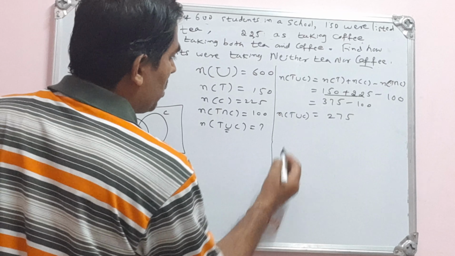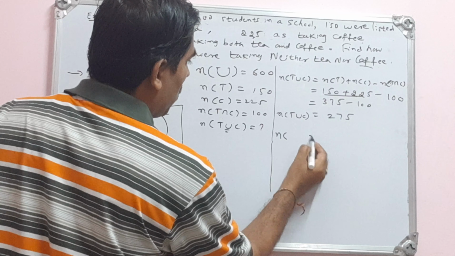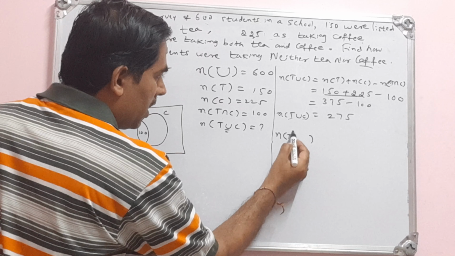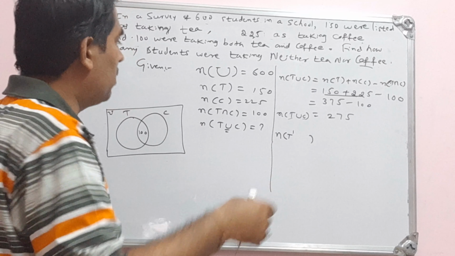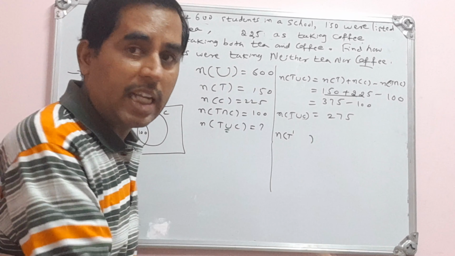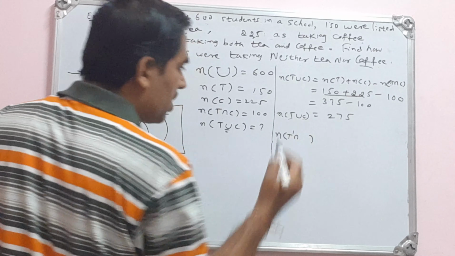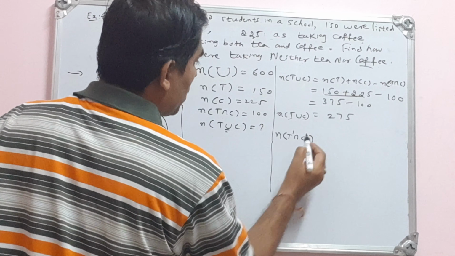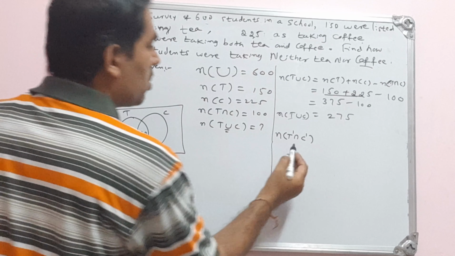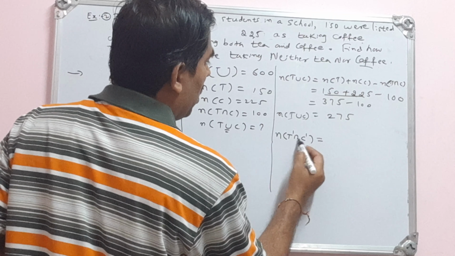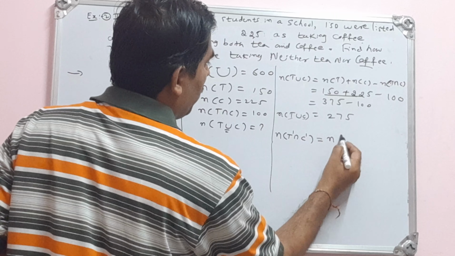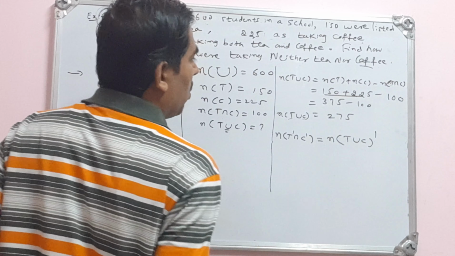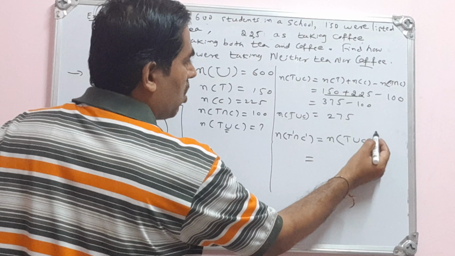So what we want here is, observe carefully, T dash, which means complement of T. That means the persons who will not drink tea, and, meaning intersection, the students who will not drink coffee, that is C dash. Complement means we have to leave that. So n of T dash intersection C dash, according to De Morgan's law, is n of T union C whole dash.